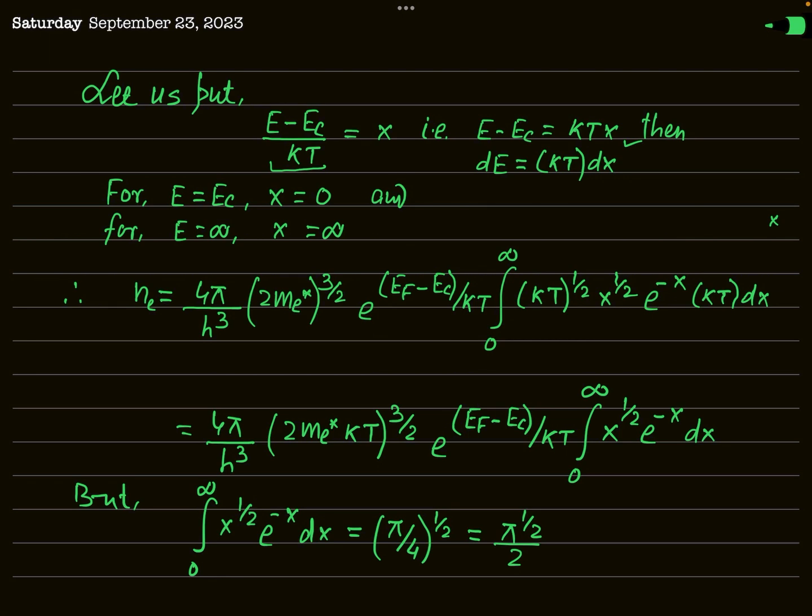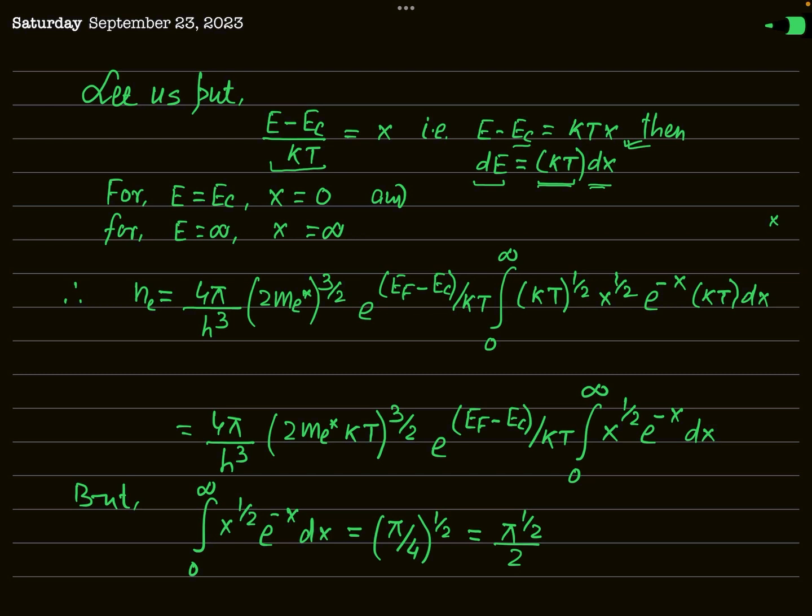But in our equation, there is also dE, so you must find dE by taking the differential of this. Since EC is constant, its differential will be 0. So the differential of LHS is simply dE. And in RHS, again, KT is a constant factor, so the differential will be only of x, which is dx. So dE is equal to KT times dx.